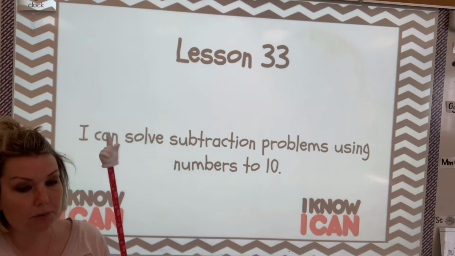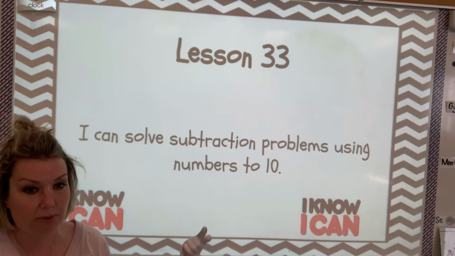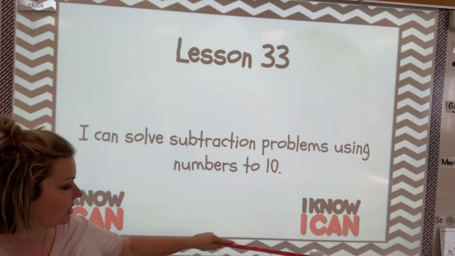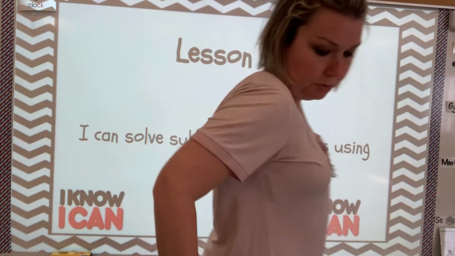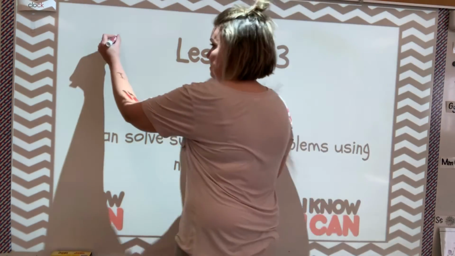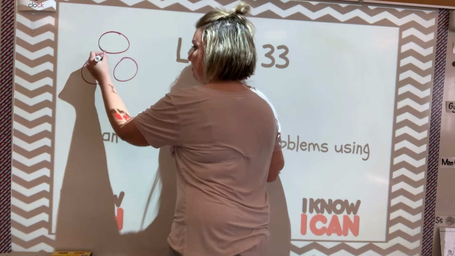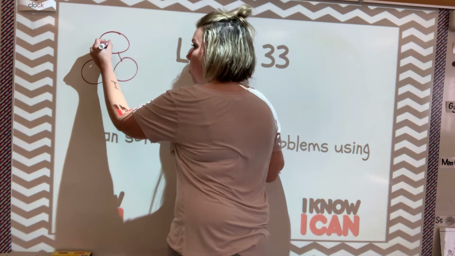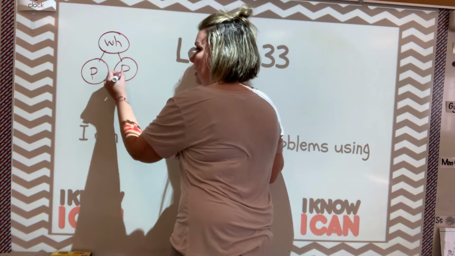Now remember, when we do a subtraction sentence, we kind of change the way we label that sentence. Let's remind ourselves of that. In my number bond, I have my whole and my two parts, right?